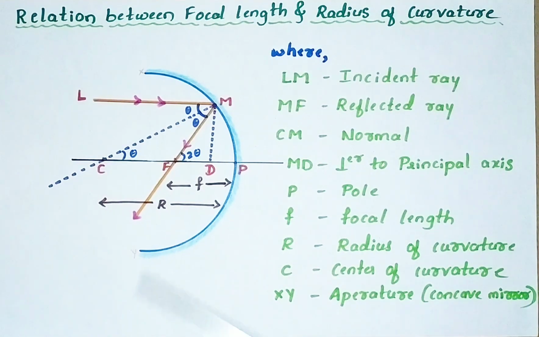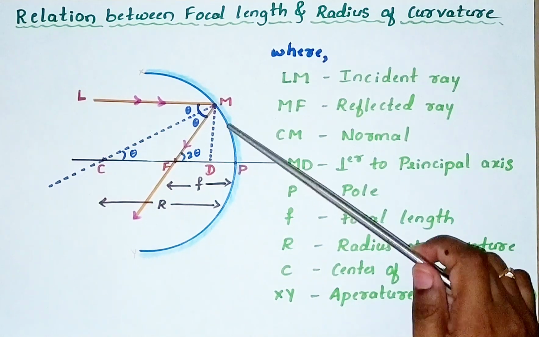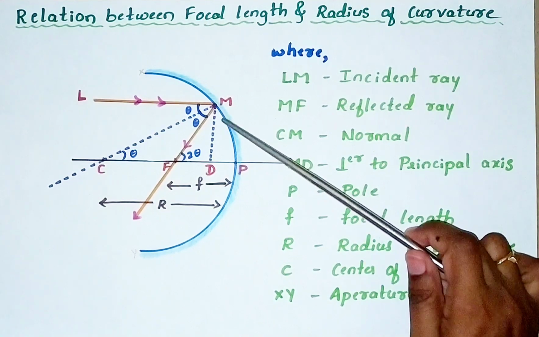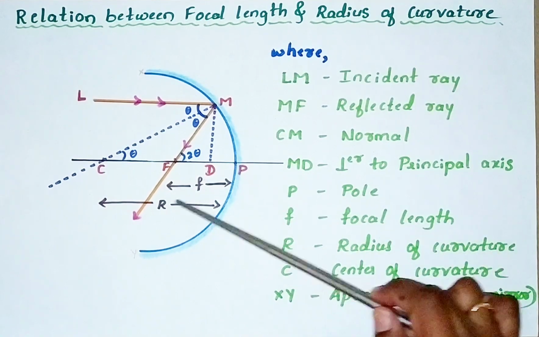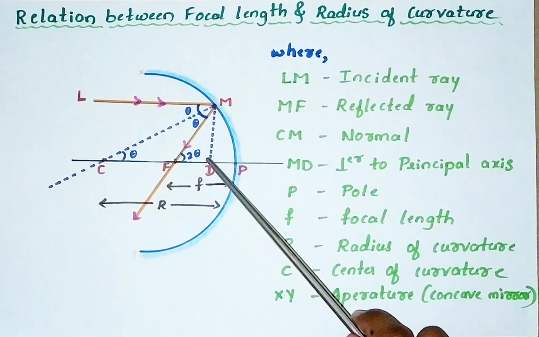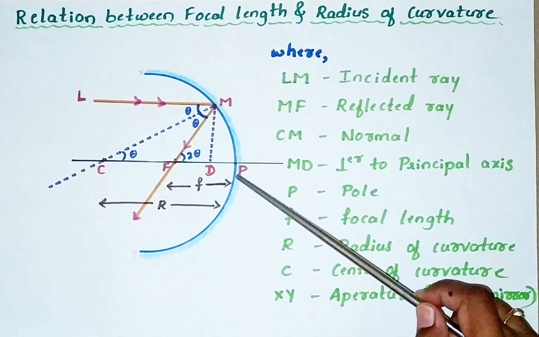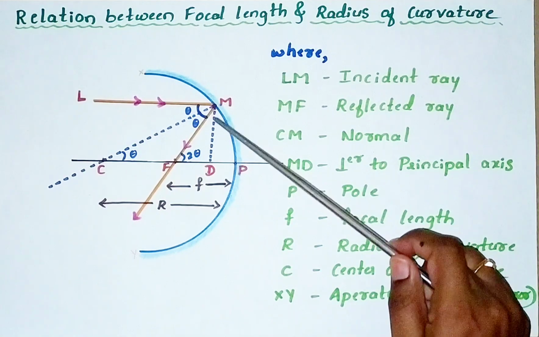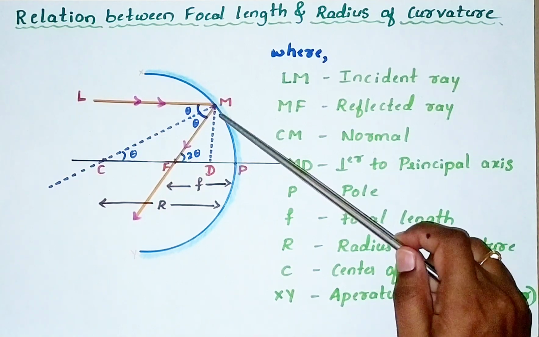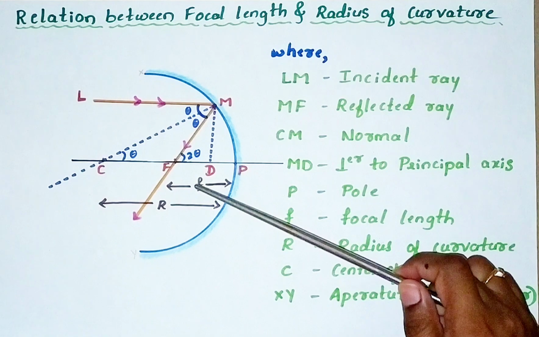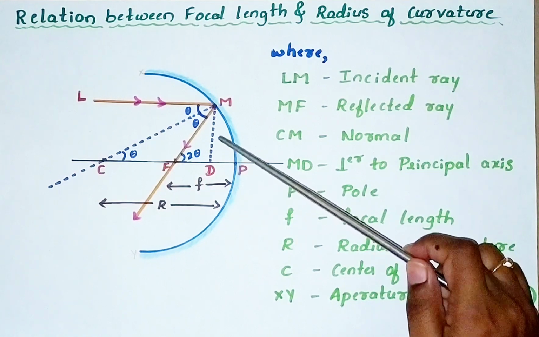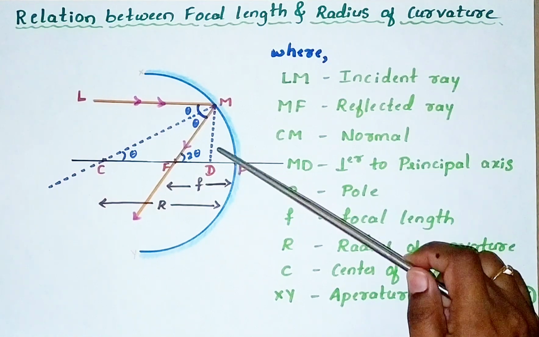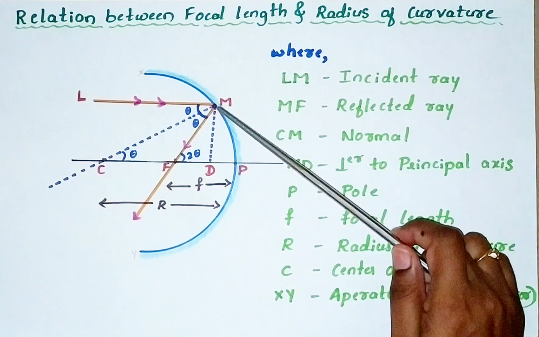Now I am going to draw the line MD. This line is perpendicular to the principal axis and also very close to the pole. I draw this line only to measure the angle, because this is not a plane mirror.